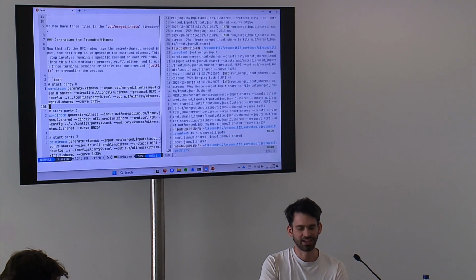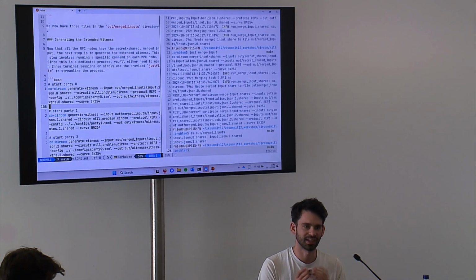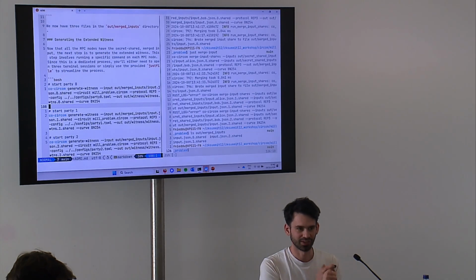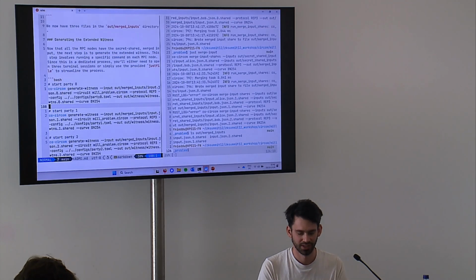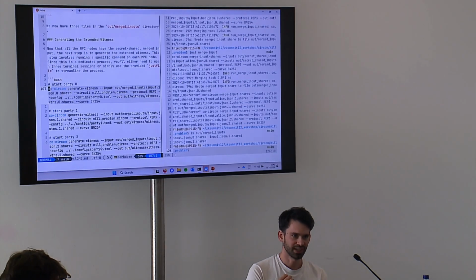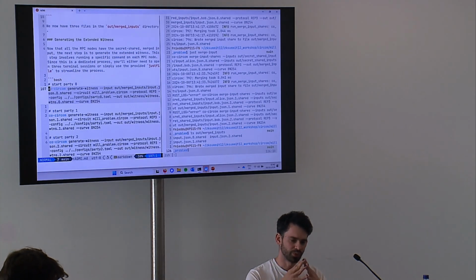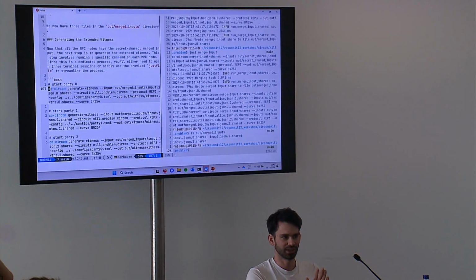Now we have to actually engage in an MPC protocol, as we have to compute the extended witness. So we are set up, every party knows the circuit that we want to evaluate, and has their secret shared value. If you want to compute that, you need 3 processes. If you start it, the one process that you're starting will open a TLS connection, a server, and wait for someone to connect.